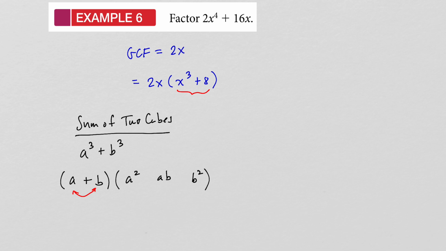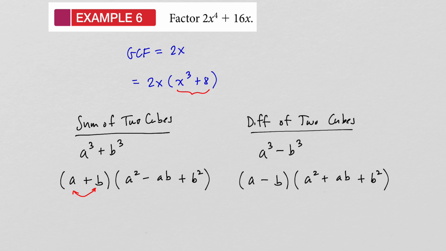And then in terms of the sign, whatever sign you have here, the opposite sign goes here. So that's going to be a negative. And the last sign is always positive, okay? So this sign here is always positive no matter what. Now there's also a difference of two cubes, and it works exactly the same way.